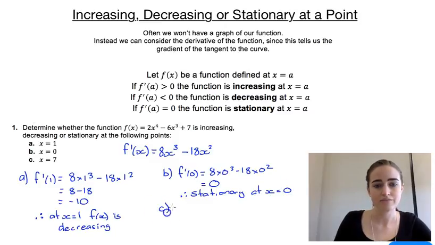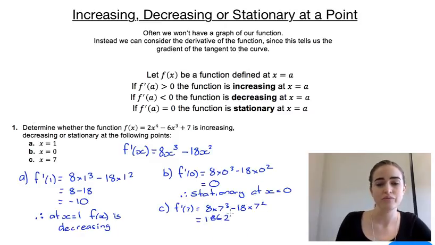And our last one, C, is at x equals 7. So we're going to have f dash 7 equals 8 times 7 cubed minus 18 times 7 squared, which gives us 1,862. Because that's positive, we have, therefore, increasing at x equals 7.